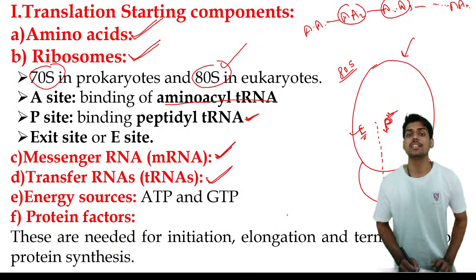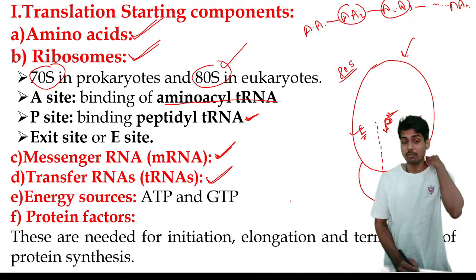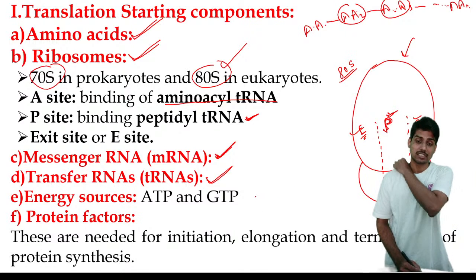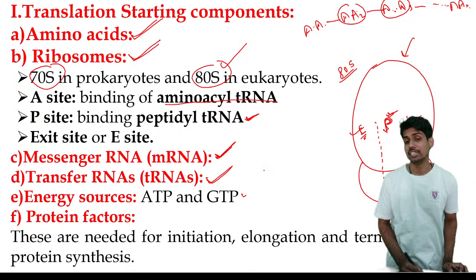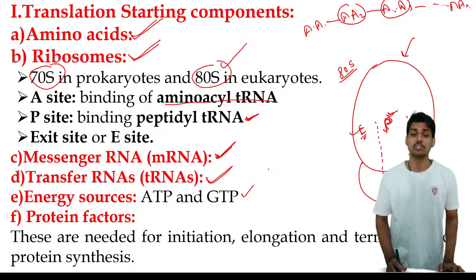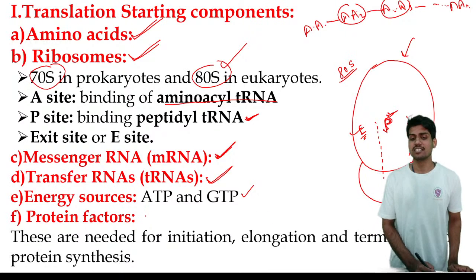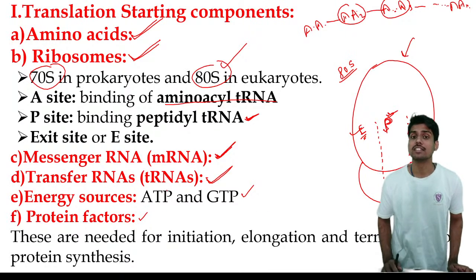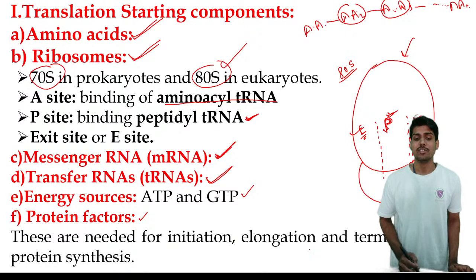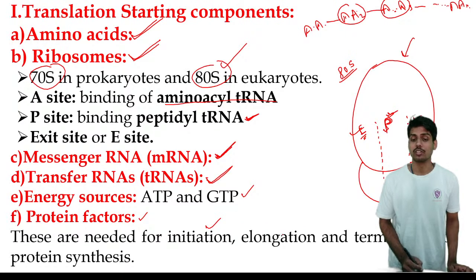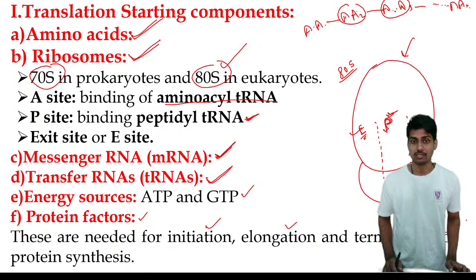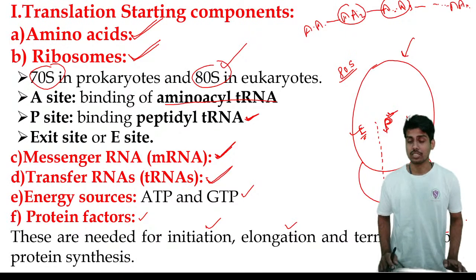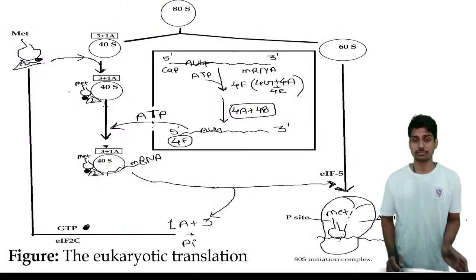Then there must be a requirement of energy. The energy can be obtained in the form of adenosine triphosphate (ATP) and guanosine triphosphate (GTP). There are certain other protein factors, you can call them enzymes or coenzymes. Obviously they will be required for the initiation of translation, elongation of the peptide chain, and for the termination, to stop protein synthesis after the desired length of protein is achieved.